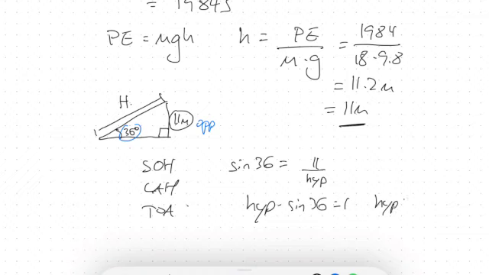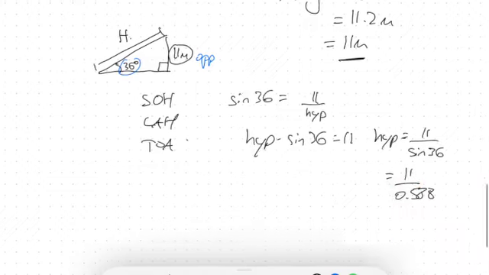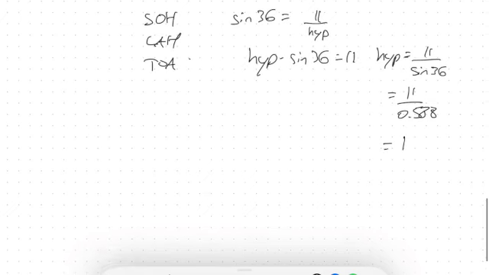So hypotenuse equals 11 divided by sine 36. Okay, so on my calculator, 36 sine equals, that's like 11 divided by 0.588. So that's the same as 18.7 meters, and we round to 19 meters.